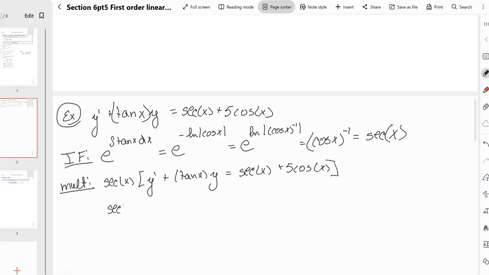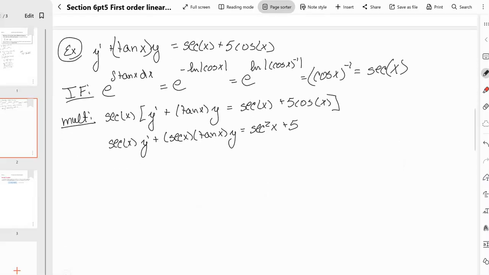So we're going to have secant of x times y prime plus secant times tangent times y is equal to secant squared of x plus 5. And then secant times cosine is just going to reduce to 1. So that's going to be 1 times 5, which is 5.